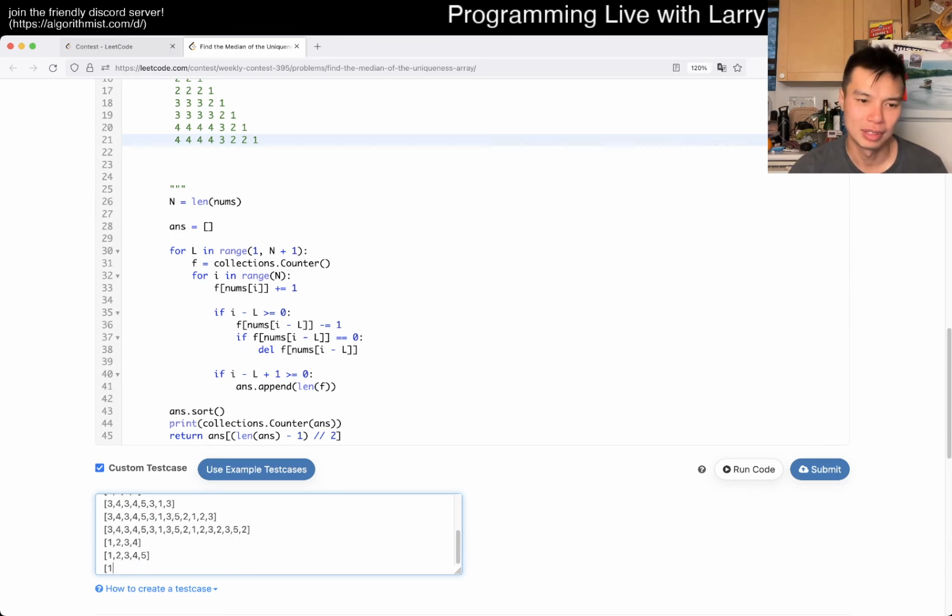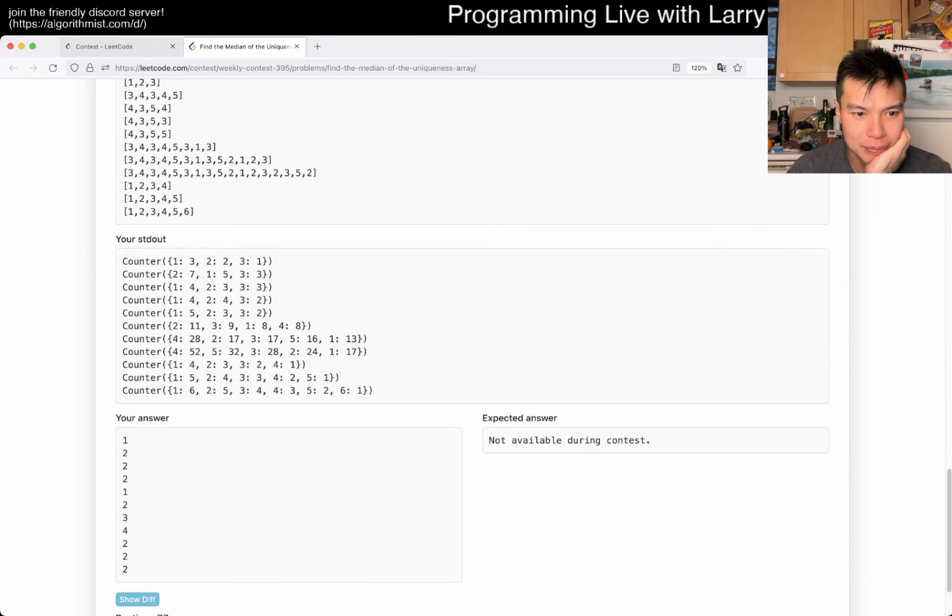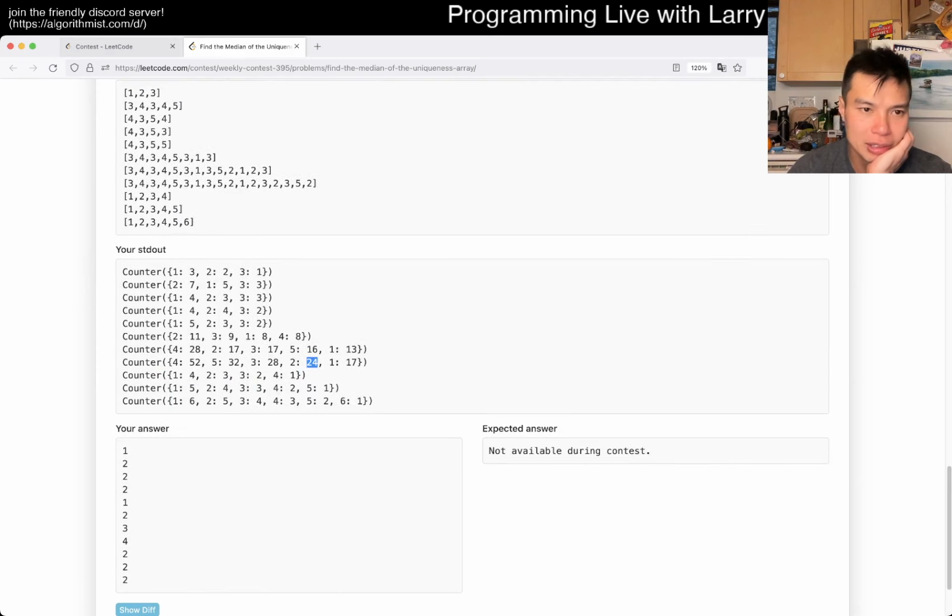Let me make sure at least that assumption is right. Yeah, okay, that assumption is right. So when you add a number, it just kind of shifts the way we deal with this sequence.